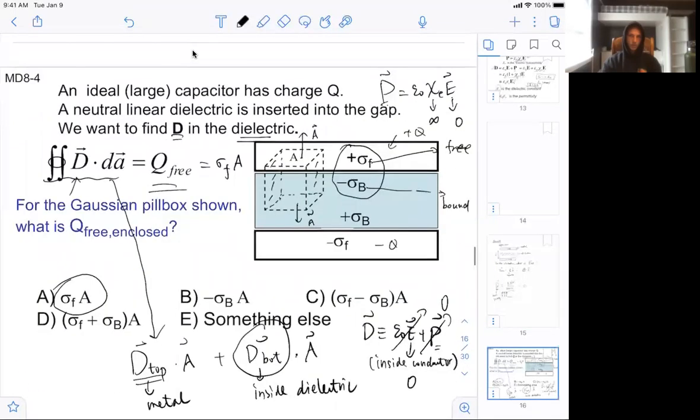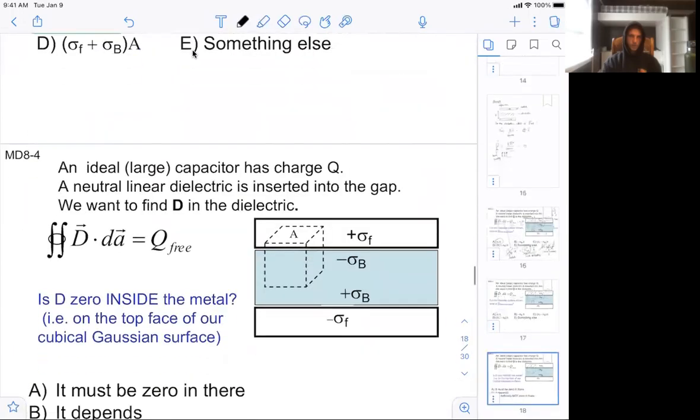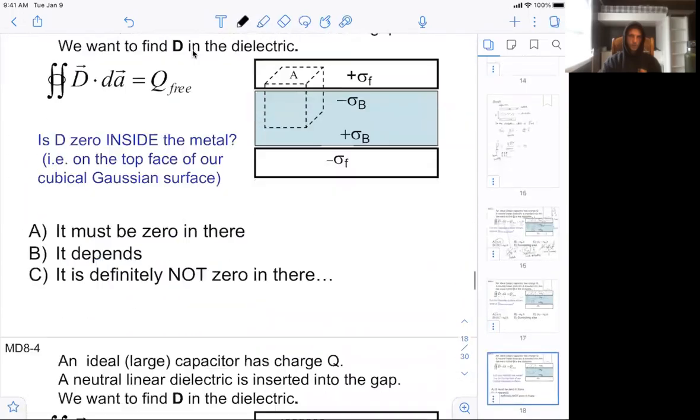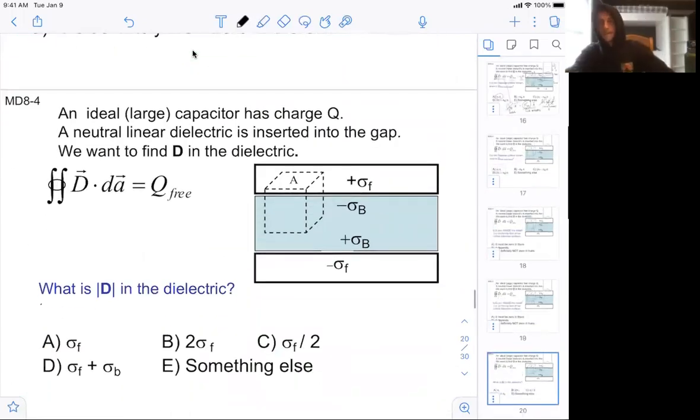Therefore, D is 0 inside conductors, which makes this top part go to 0. That simplifies our calculation. The left-hand side and right-hand side we have both just done, so now you're ready to calculate what D is in the dielectric material.